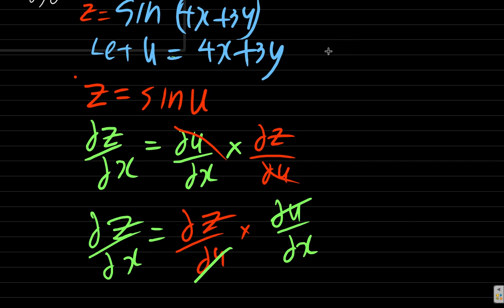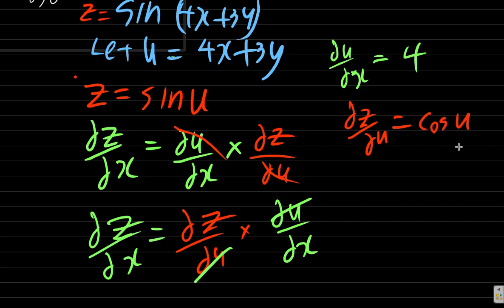∂u/∂x would be 4. You see that? When you differentiate this with respect to x. What about ∂z/∂u? When you differentiate sine, you get cos. It will be cos u.